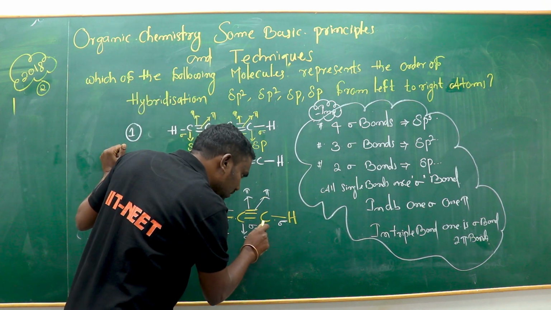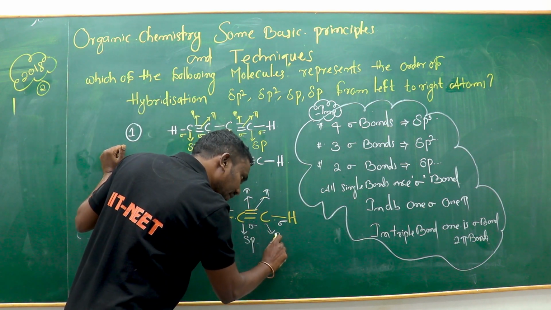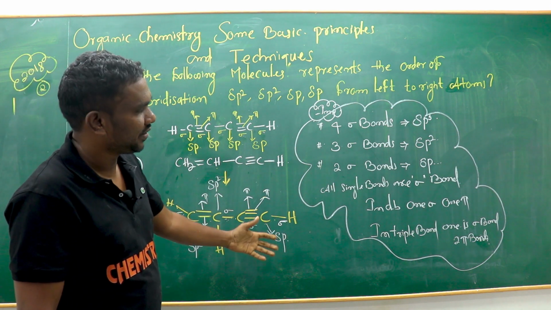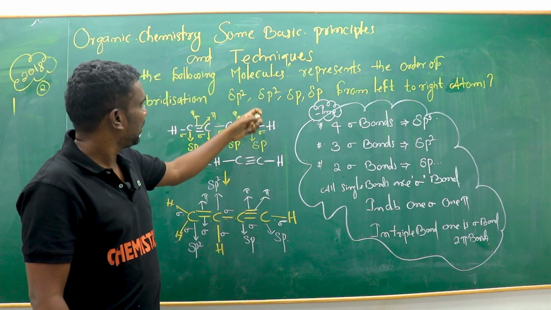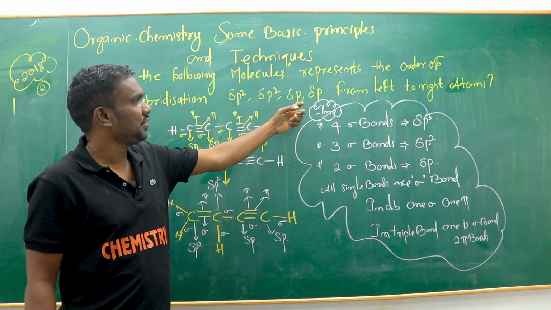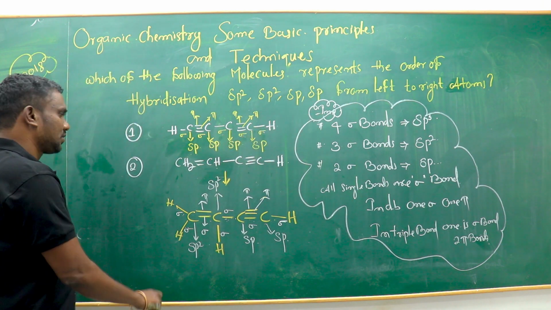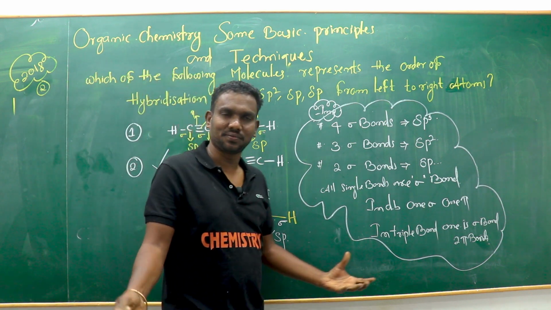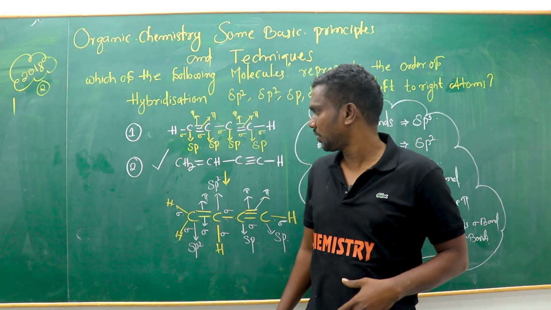Sir, this is what, sir? 2 sigma bonds. What is this hybridization? sp, sir. So that is the reason from left to right, sp2, sp2, sp, sp, right? The second option is the right option, beta ji. I hope you are clear, everyone.